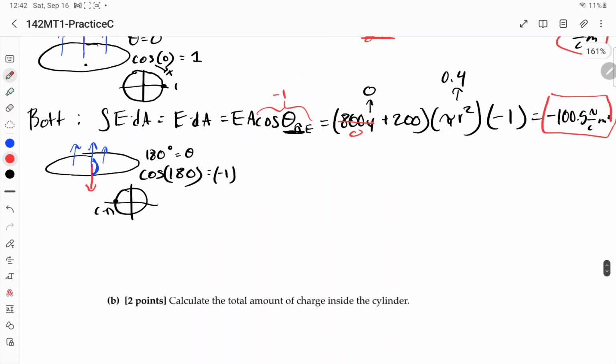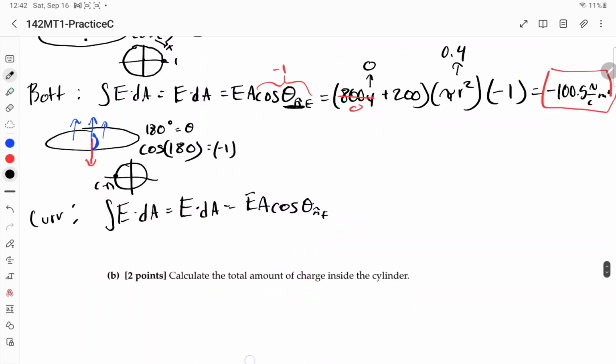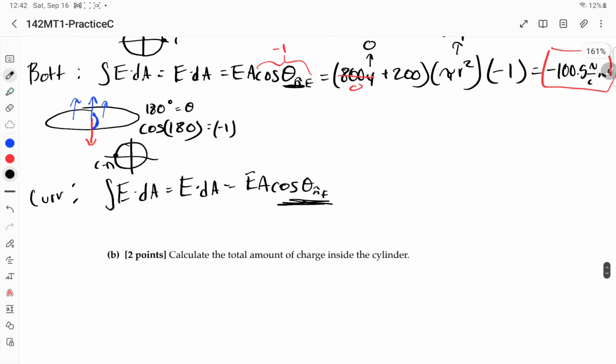Now let's look at the curved surface. So we have the integral of E dot dA. We already established that you could just say it's E dot dA, no integral. You could say EA cosine of the angle between the normal hat direction and the E. Now let's look at what the angle between them is, because this is the defining factor most of the time.